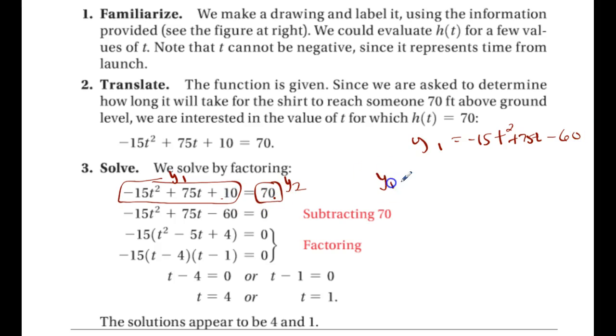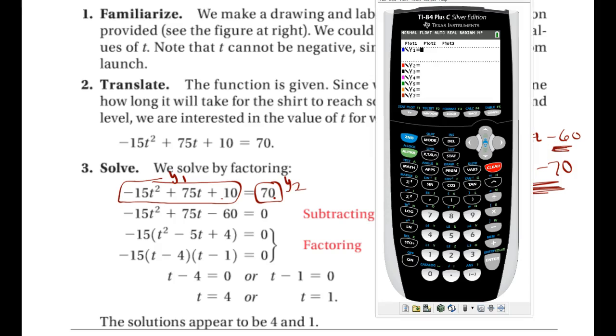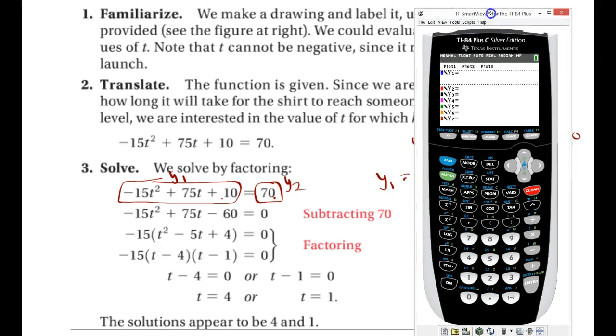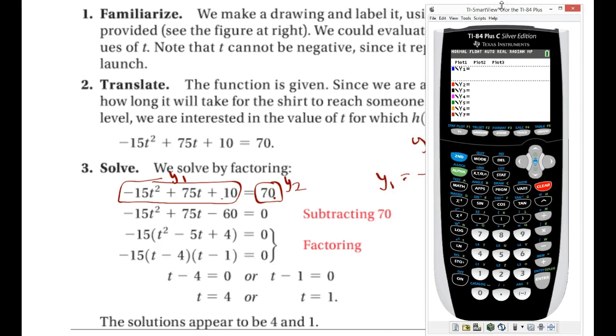It's okay to type in y sub 1 to be negative 15t squared plus 75t plus 10 minus 70. Your calculator will swallow that up. If you don't want to calculate the negative 60, it's the same thing. So we'll look at a calculator here in a moment. There's a lot of ways that I could show you how to do this. Should we try the y sub 1, y sub 2 method?